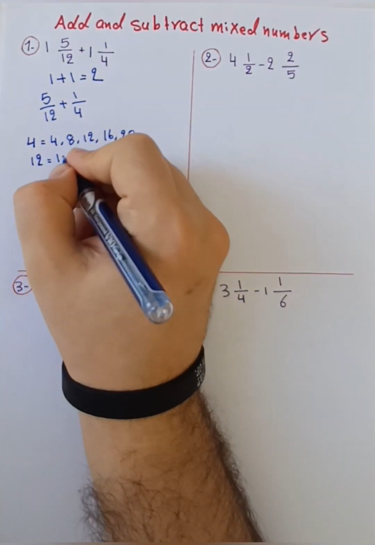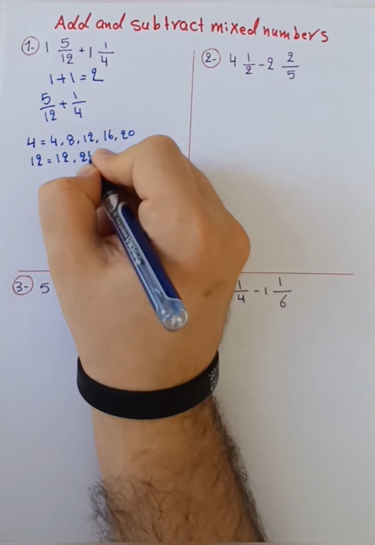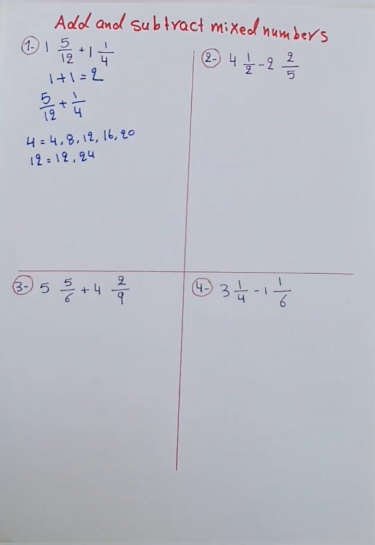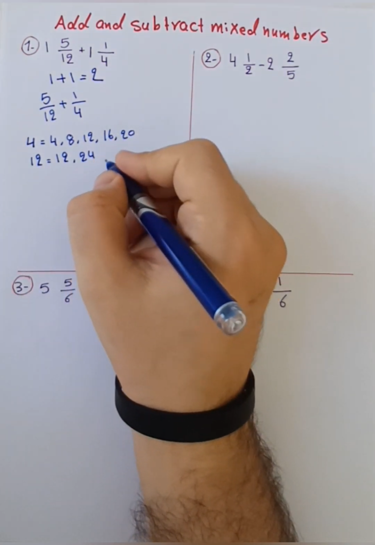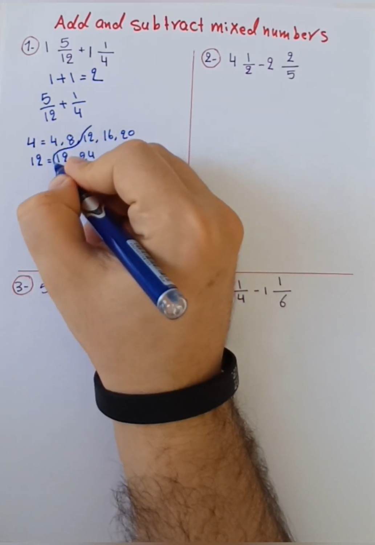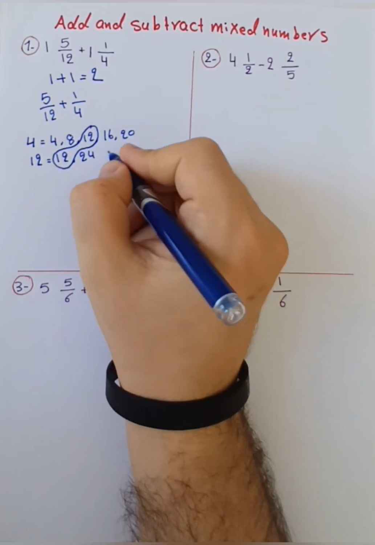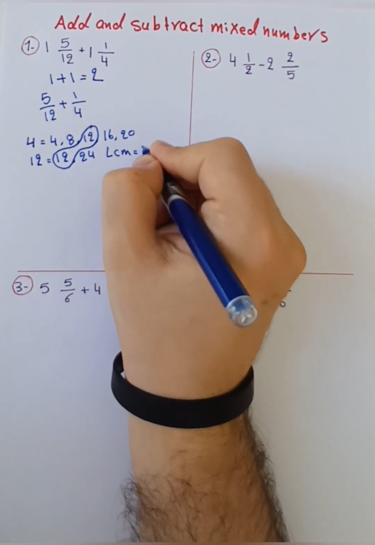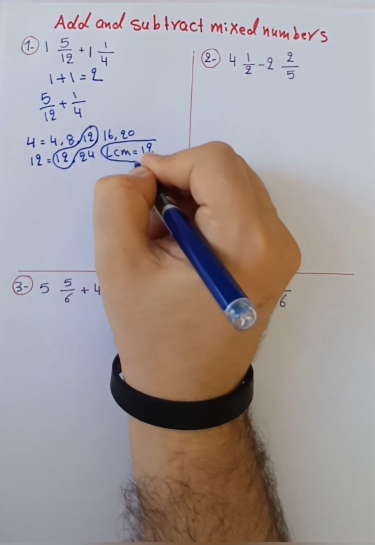For 12 we have 12, 24. It doesn't need to be continued because we have the repeating number between 4 and 12. We have 12, so the least common multiple equal to 12.